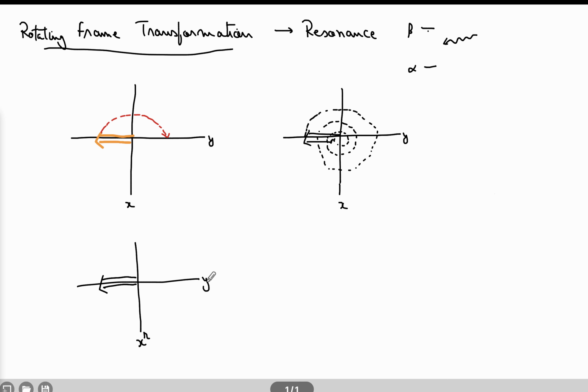I'm now writing XR and YR to highlight that the coordinate system itself is moving with the same angular velocity as the magnetization M. So M is moving at a certain angular velocity, and my XR and YR are also moving. In other words, I'm sitting on this M and watching it as it moves, so to me it will appear static. And the original frame is called the laboratory frame, or lab frame.